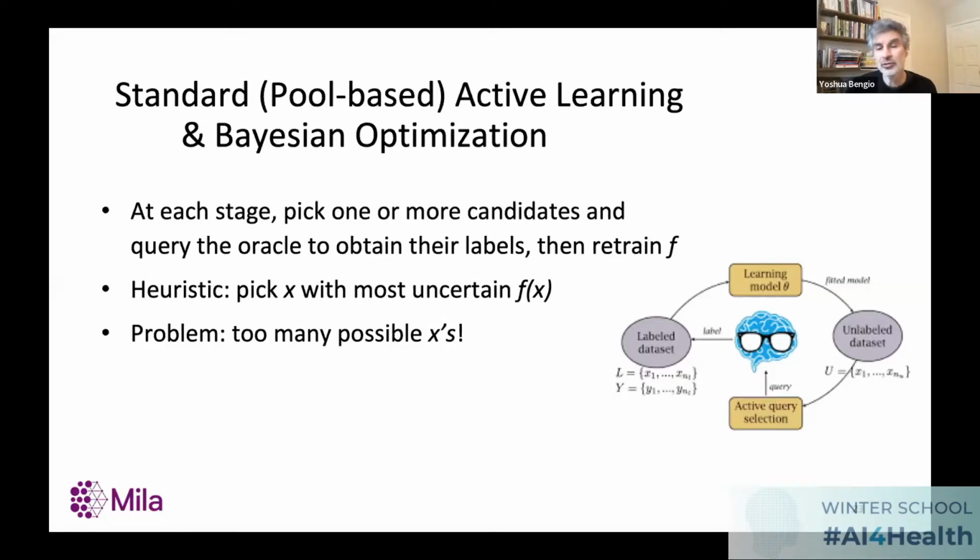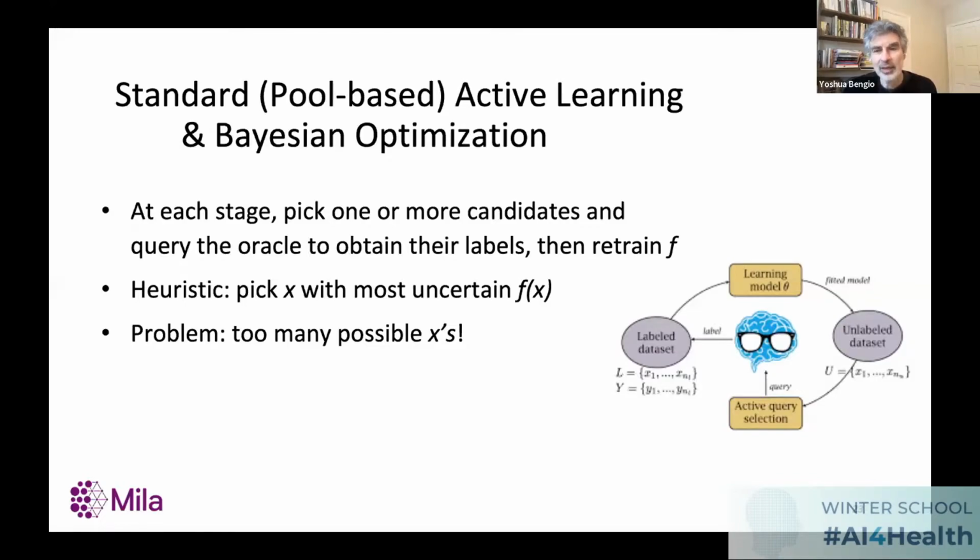And we're not going to try all of them, that would be too expensive, but we're going to pick some of them by computing something for each of them, like for which one do we have most uncertainty about the correct answer, F. So in other words, the F that we're looking for is something we don't know, and we need to keep track of how much error we think we're going to make in different places, so that we can maybe peek in those places where the uncertainty is greatest.